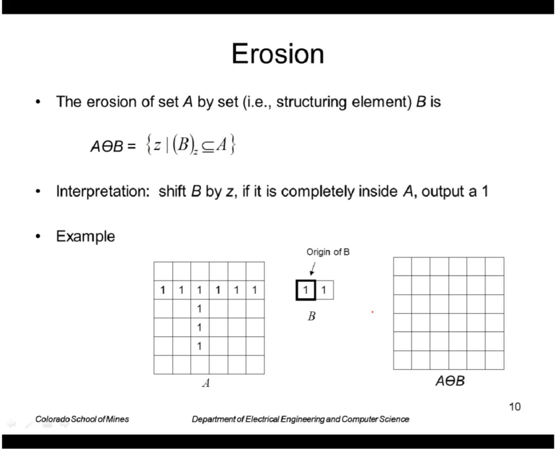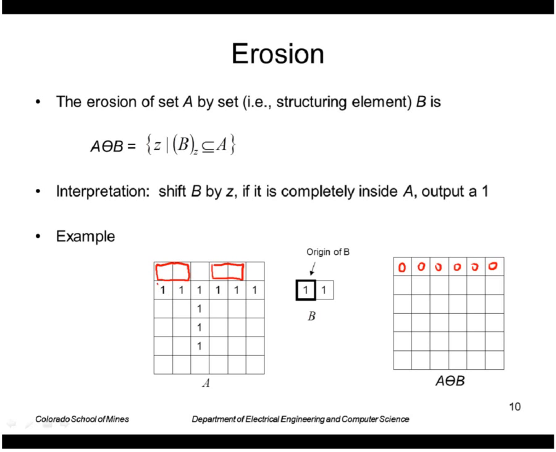So what we want to do then is shift B all over the set A. For example, I'll put B here, and I ask, is it completely inside A? No. So I output 0 there at the origin of B. No matter where I shift B along this top row, obviously I'm going to get zeros. It doesn't completely fall inside A.